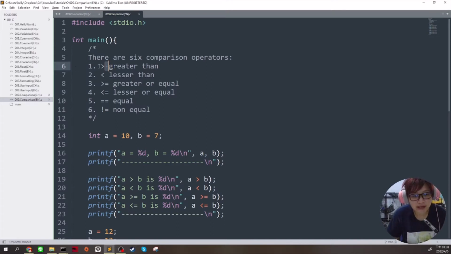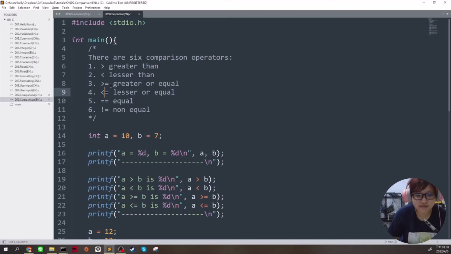That is the greater than operator, and the opposite is the lesser than operator. For greater than, we have another kind, greater or equal. You add an equal sign after the greater sign, and then you have lesser or equal.